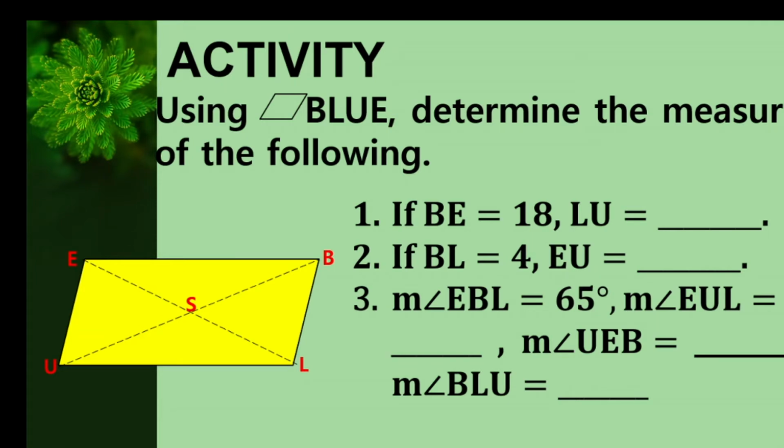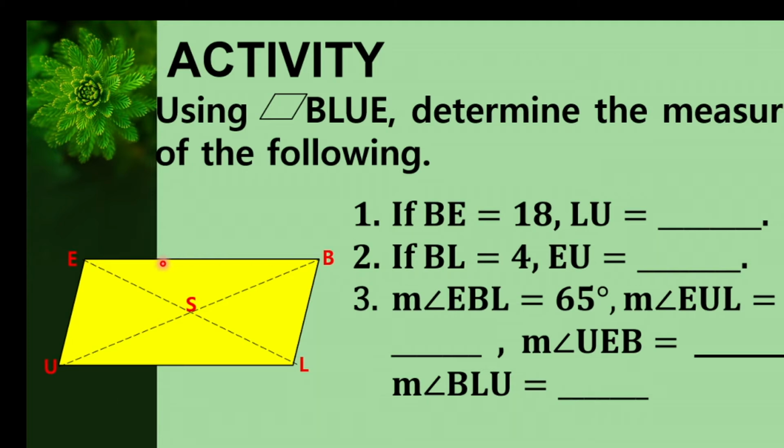Using parallelogram BLUE, determine the measure of the following. Number 1. If BE is equal to 18, LU is equal to blank. Based on the figure, segment BE and segment LU are a pair of opposite sides. Therefore, based on the property stated on the previous slide, the opposite sides of a parallelogram are congruent.